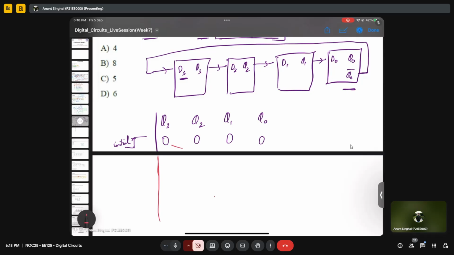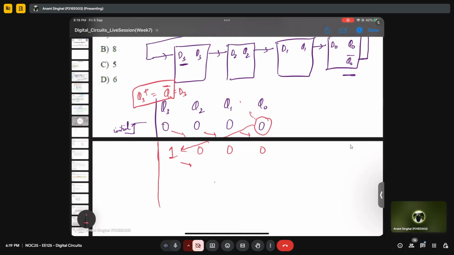So this will move here, this will move here, this will move here, and the complement of this will move here. So this will be 1. So Q3 plus is nothing but Q0 bar, that is basically D3.